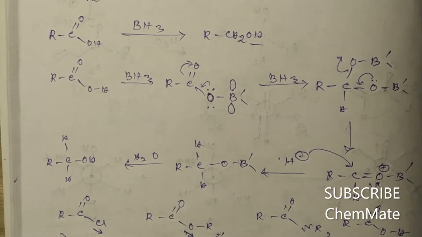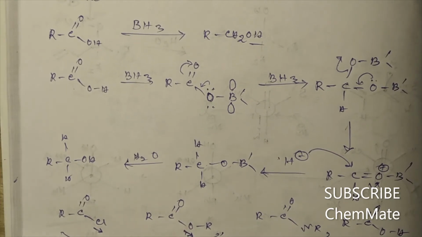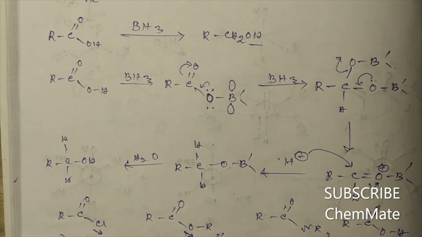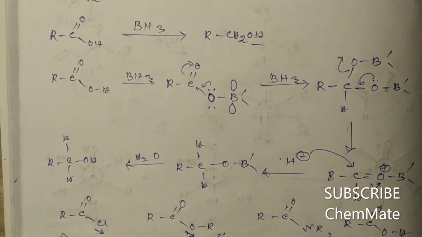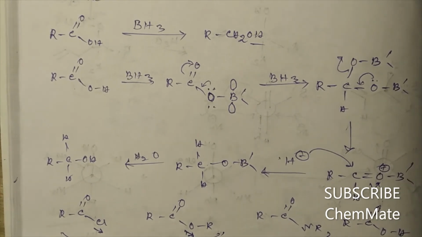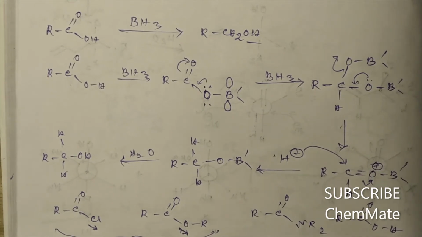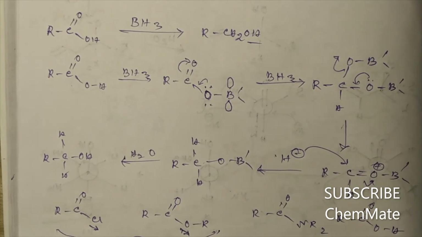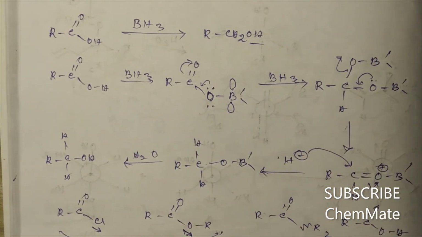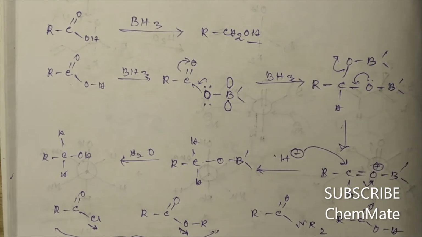So these are much stronger, and to reduce these functional groups we generally use lithium aluminum hydride. But in presence of these functional groups, if we have to reduce this carboxylic acid, then we will use a much weaker reducing agent like BH3. It is a very weak reducing agent which selectively reduces the carboxylic acid group only.